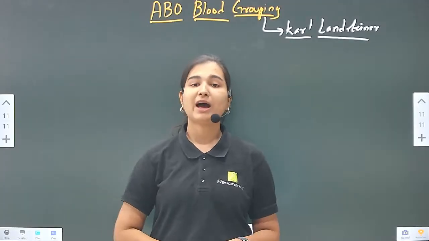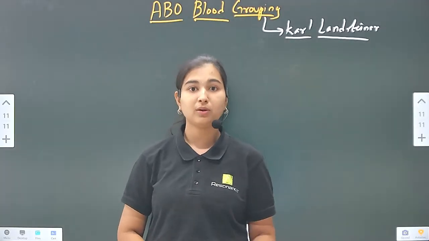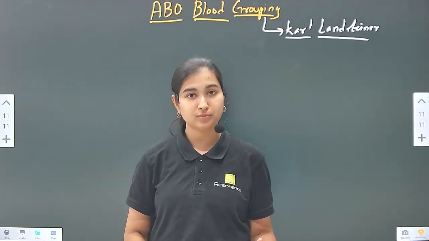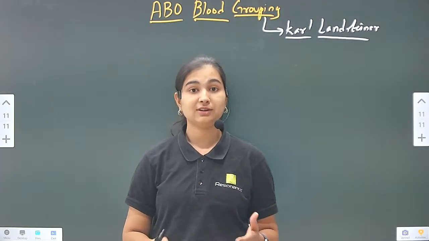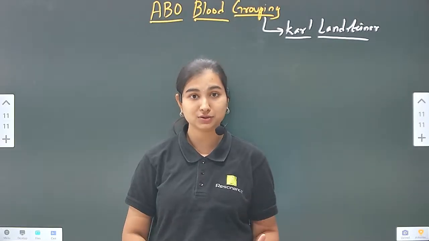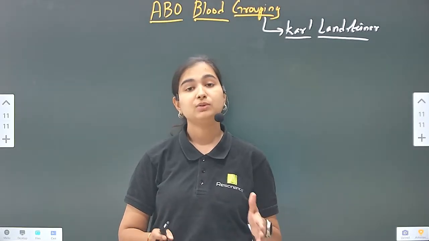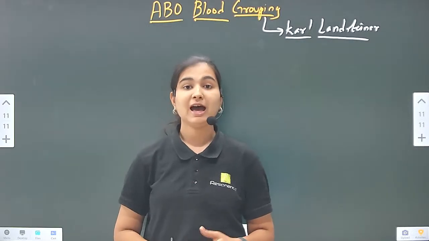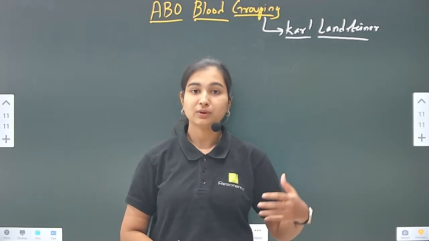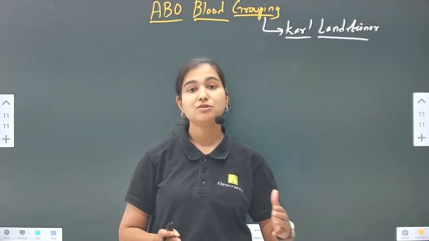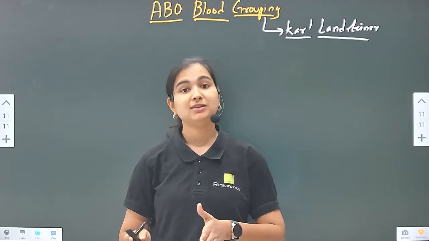Now have you ever wondered how he got to know about these different types of blood groups? Whenever there was an injury, a man suffered an injury and due to that injury there was heavy blood loss. So he, as a doctor, made a blood transfusion.